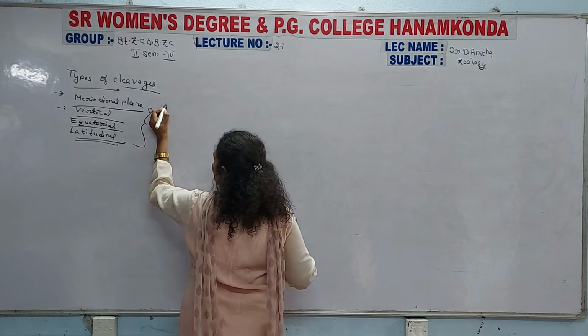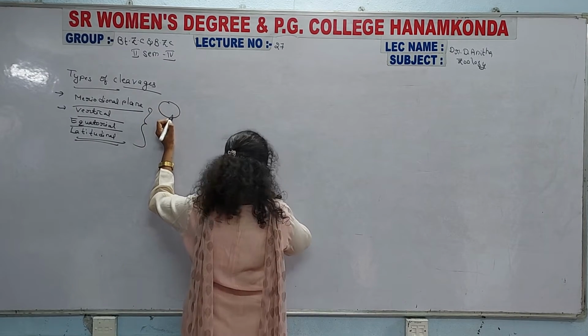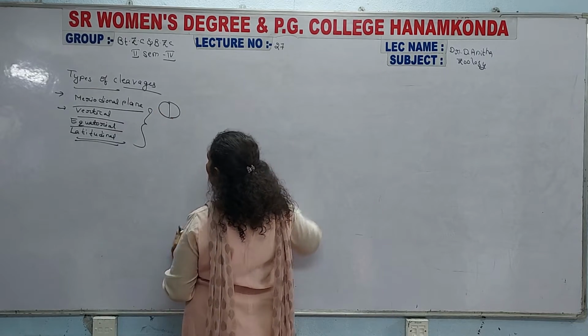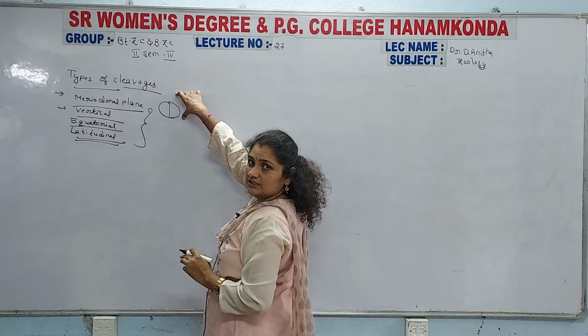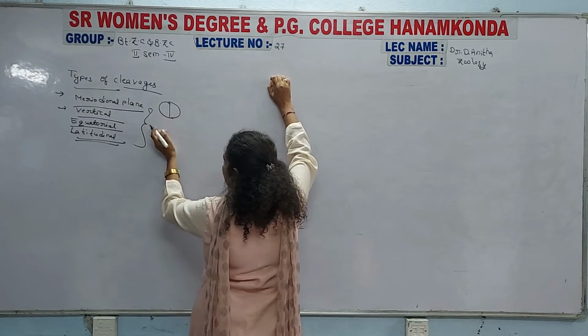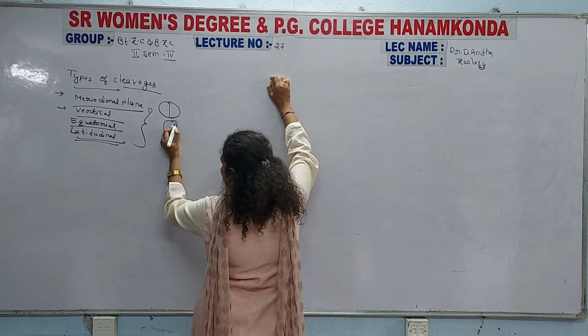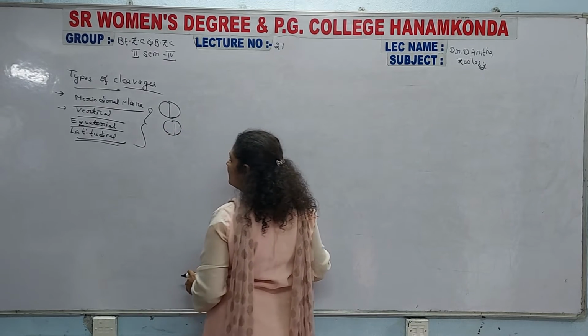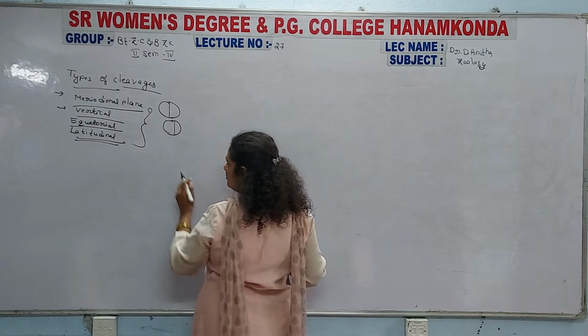In the meridional plane, the zygote divides from the animal pole to the vegetal pole, and two equal halves are formed. In the vertical plane, the division also occurs vertically, but unequal blastomeres are formed.